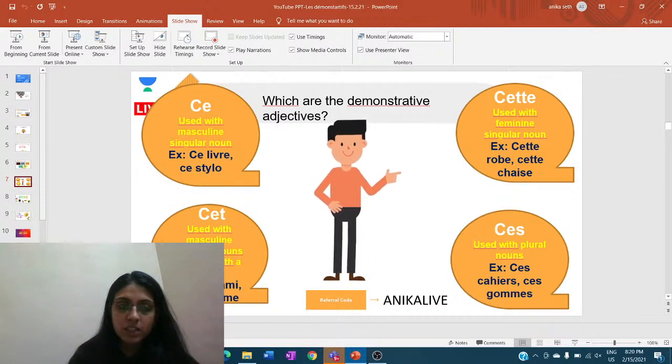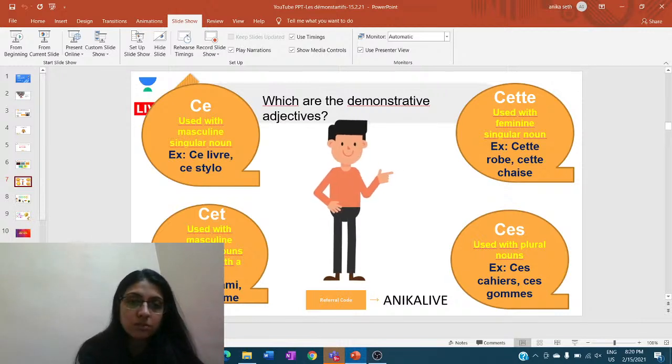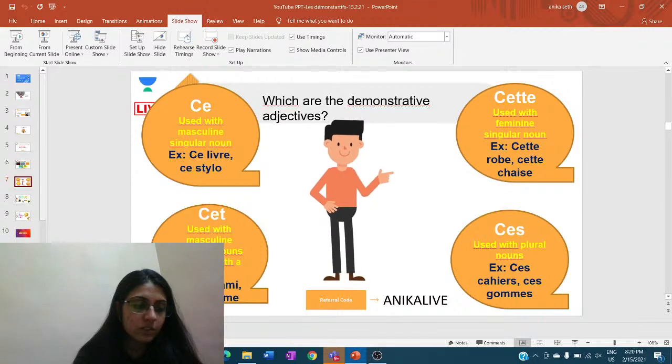If we use CET as the demonstrative adjective for masculine singular nouns, what will be the demonstrative adjective for feminine singular nouns?